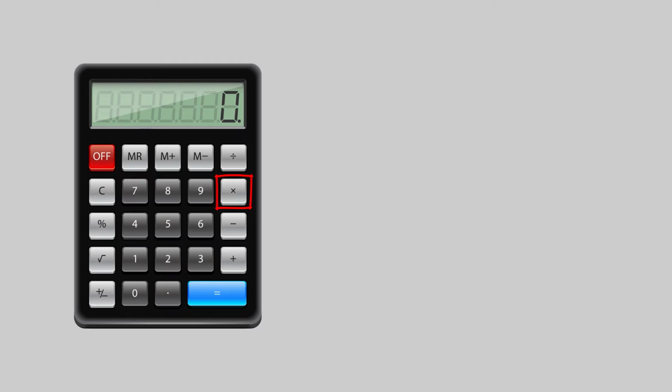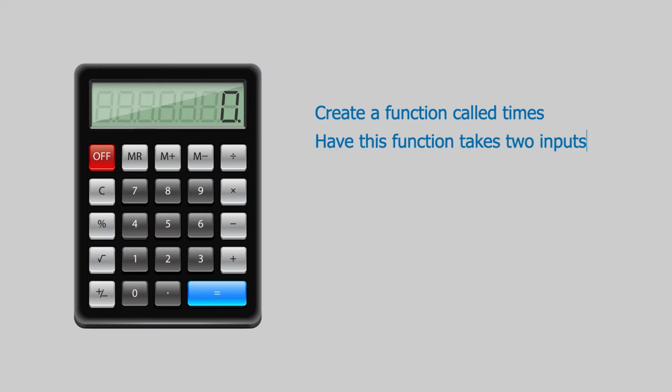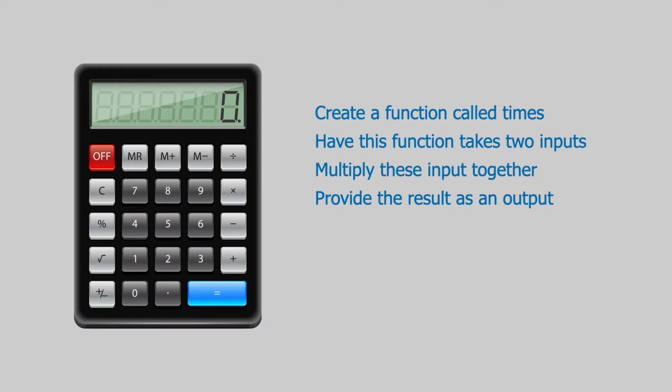As a challenge, can you do the following? In your code editor, create a function called times and have this function take two inputs. It needs to multiply these inputs together and provide the result as an output of the function. Also, you need to test that this function actually works.